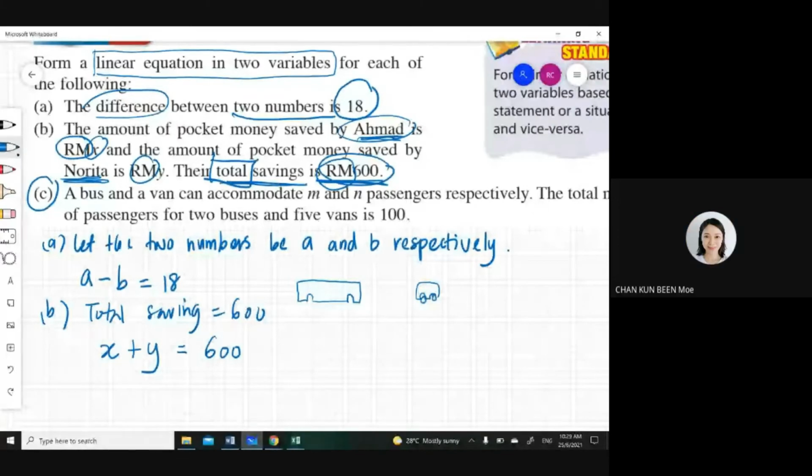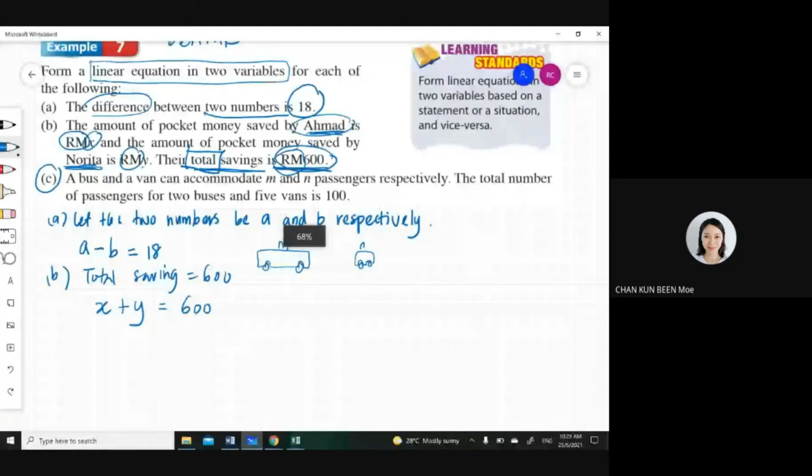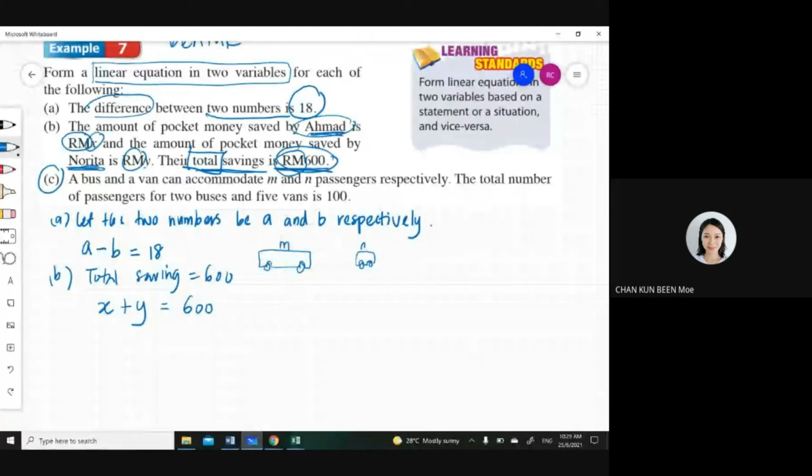The total number of passengers for 2 buses and 5 vans is 100. So this one you need to take note. 2 buses and 5 vans. So I need to write down 2 of the bus and 5 vans. The total is 100.